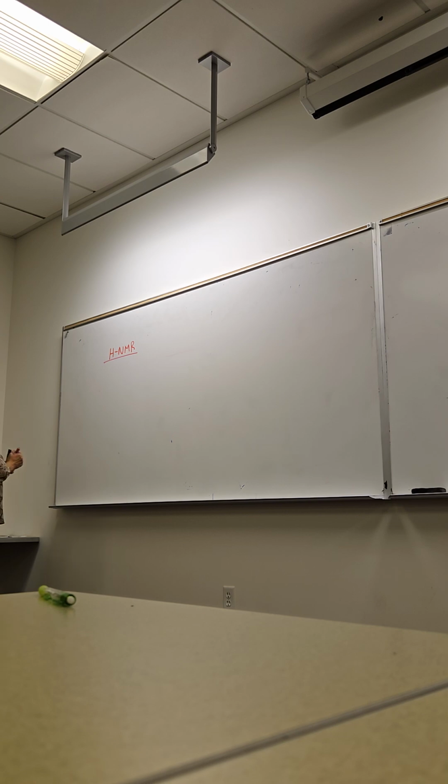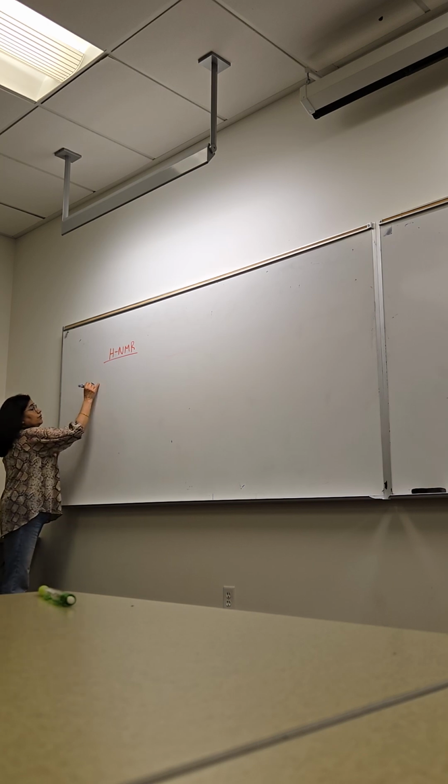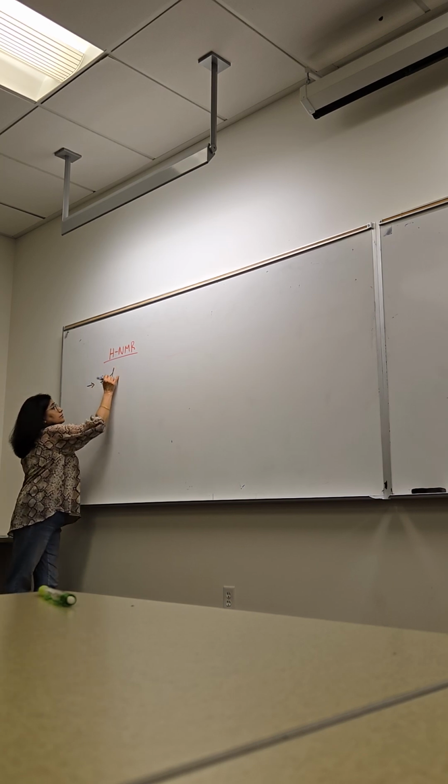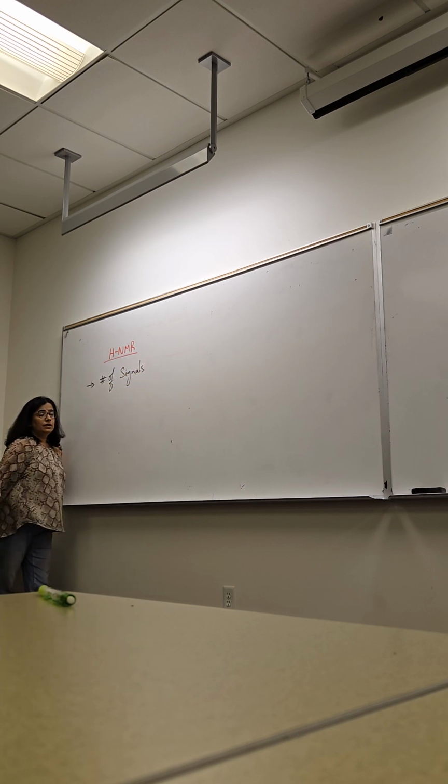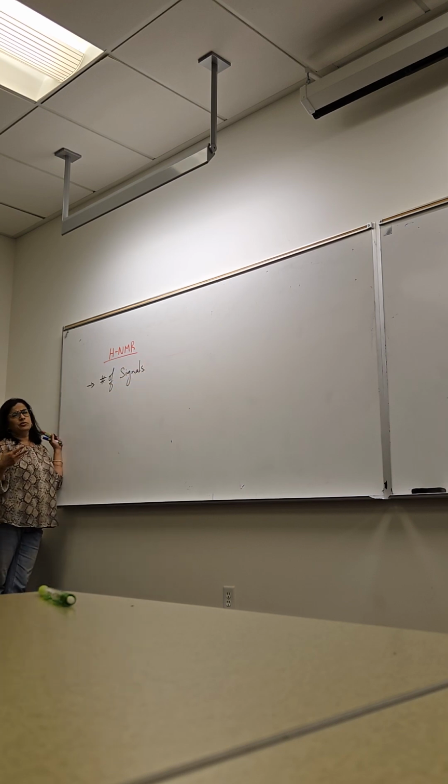There are 4 features to a proton NMR spectrum. Please remember, we don't call it a graph, it's a spectrum. Spectrum is singular, spectra is plural. There are 4 features to an NMR spectrum. First is number of signals, and we will go over each of them one at a time. So how do we figure out how many signals a compound should show?